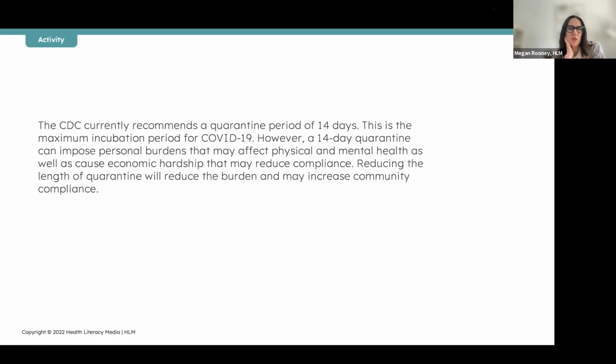So read through this and tell us, what do you think the problem is? What's the number 1 biggest problem with this paragraph?